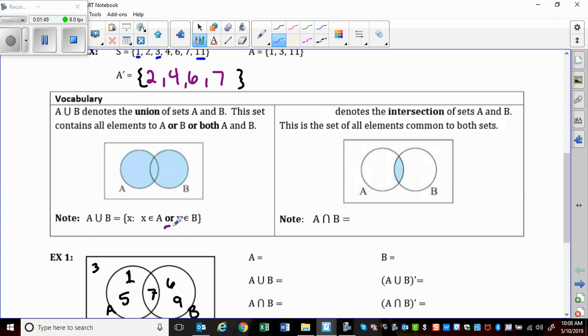So "or," remember, the mathematical "or" means and/or. A intersection B denotes the intersection of events A and B. And this means X such that X is in A and X has to also be in B. So this is how we write it.